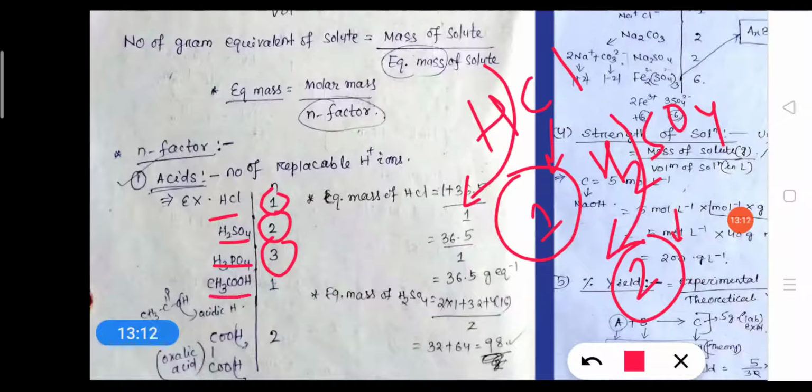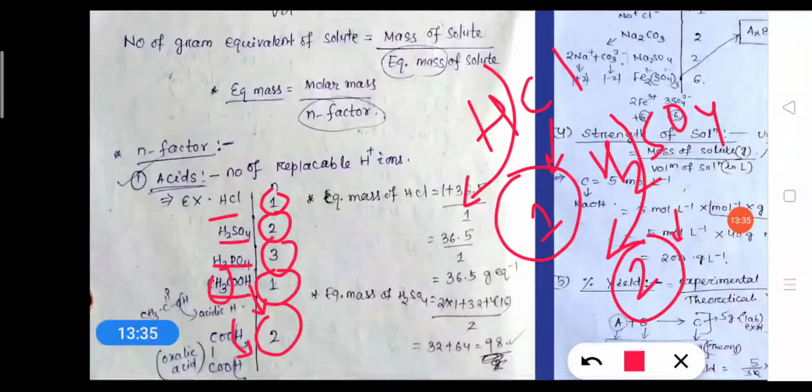In CH3COOH, look here, the 3 hydrogens of the methyl group cannot be replaced easily, only this acidic hydrogen can be replaced, so its n factor is 1. In case of oxalic acid, the number of replaceable hydrogen atoms is 2.